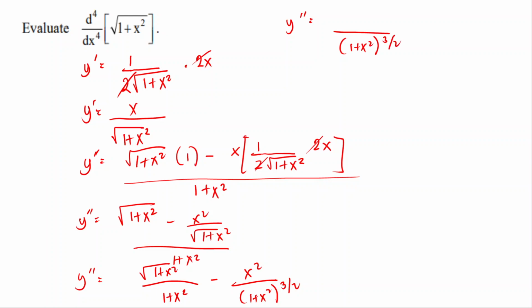So, 3 halves minus 1 is equivalent to 1 half. Okay. I-times natin doon. 1 half plus 1 half is 1. Okay. So, this one is 1 plus x squared.